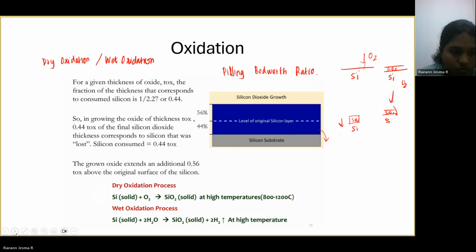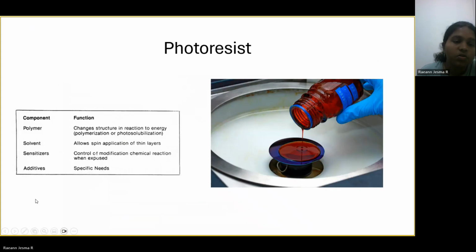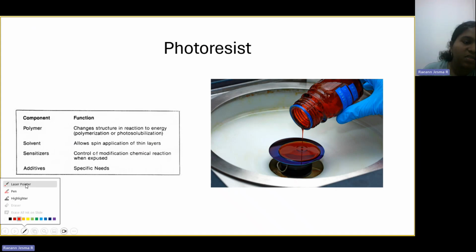So once we have a wafer, we also saw how to do oxidation. Next, we will look at photoresist, and photolithography in general. We want to pattern the wafer in order to make different patterns on it. In order to pattern the wafer, we use either a mask or an intermediate layer on which patterns can be transferred.